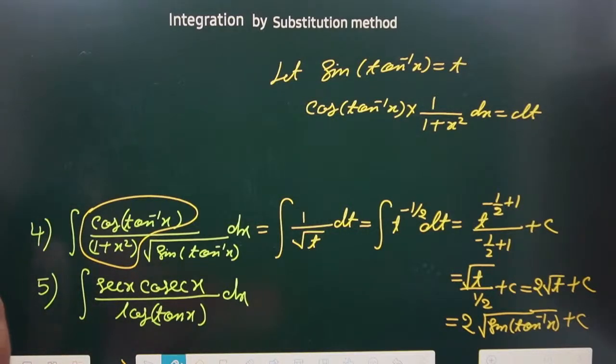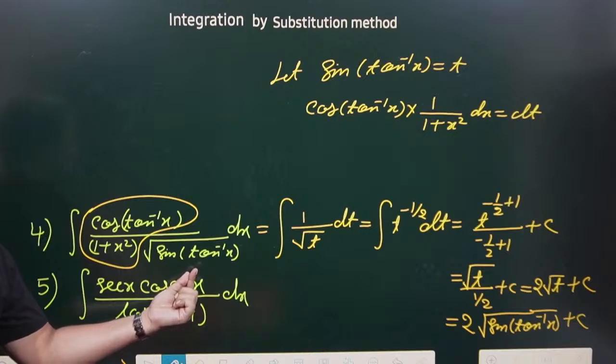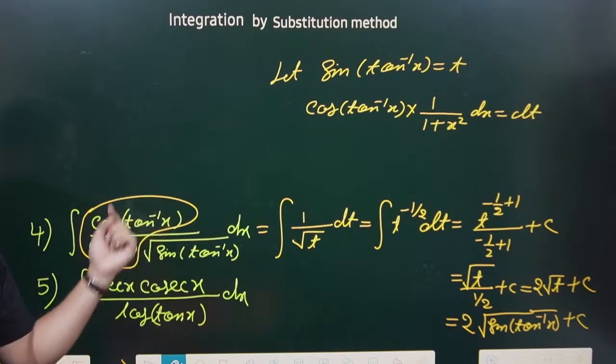If anyone faces any doubt at any step, then comment it and I will discuss again. Very simple. This one is g(x) and this one is g prime(x).